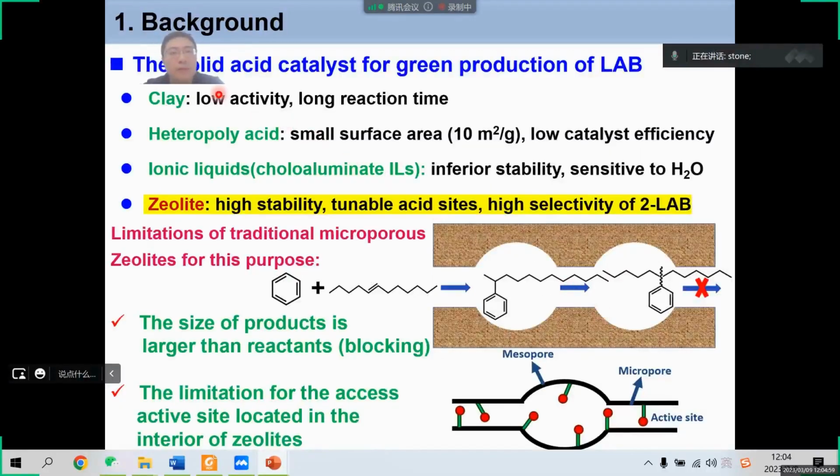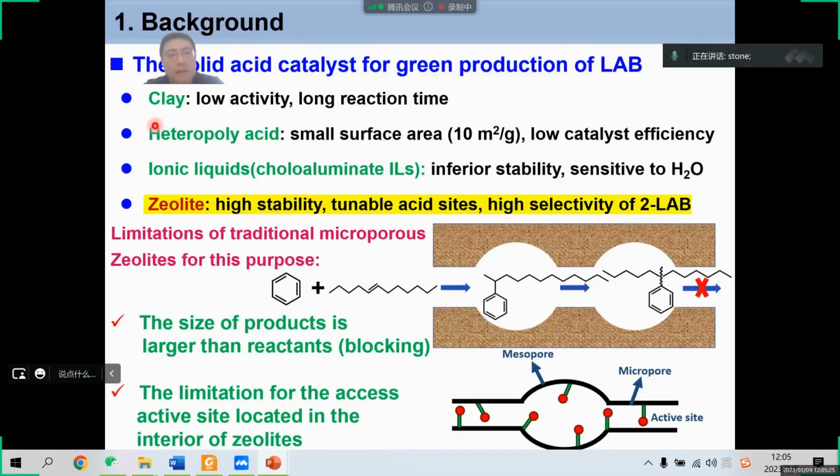So it's necessary to develop a solid acid catalyst for a green production of LAB. In the past decades, clay and ionic liquids have been intensively investigated.